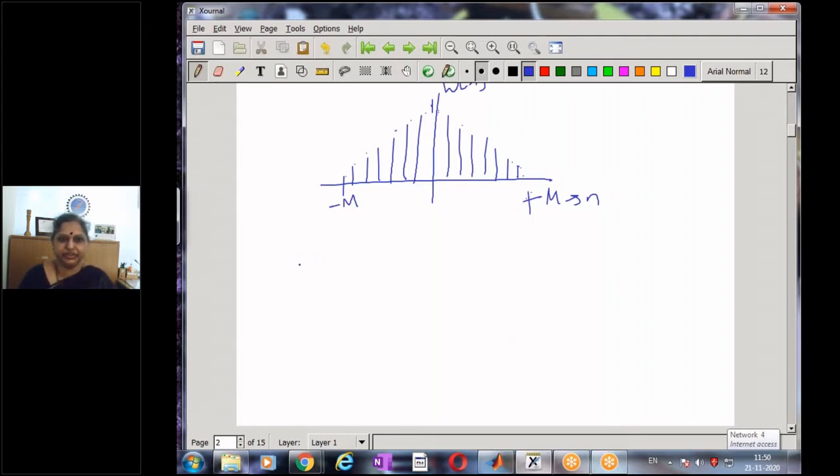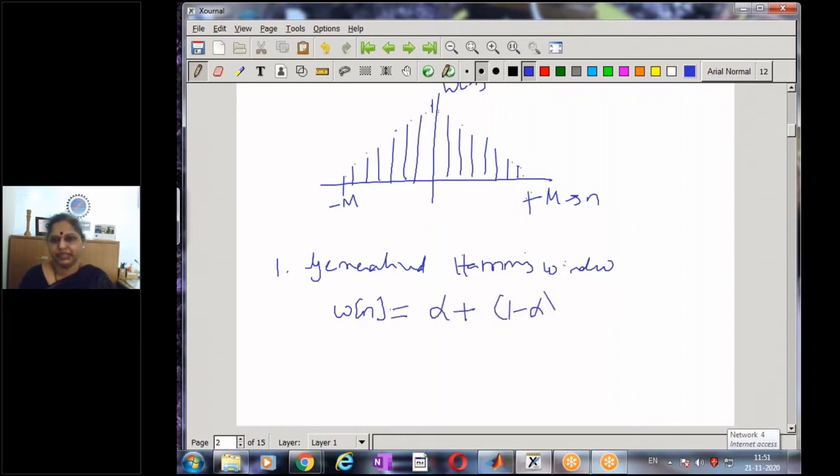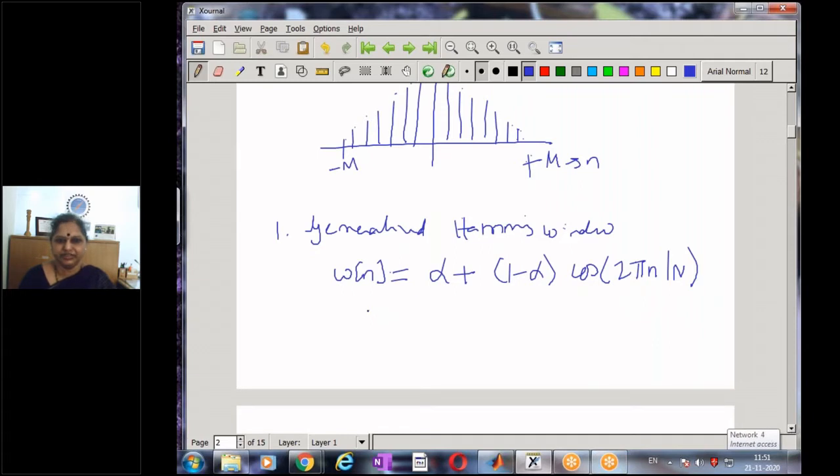As an example, as one window, we have something known as the generalized Hamming window. It is given by w of n equal to alpha plus (1 minus alpha) into cos of 2 pi n by N. This is the generalized Hamming window, where alpha is normally in the range of 0 to 1.